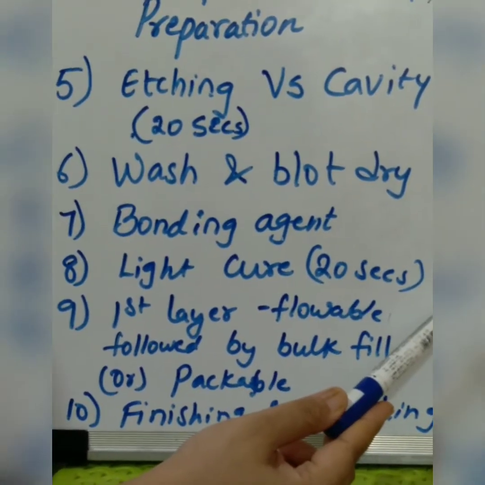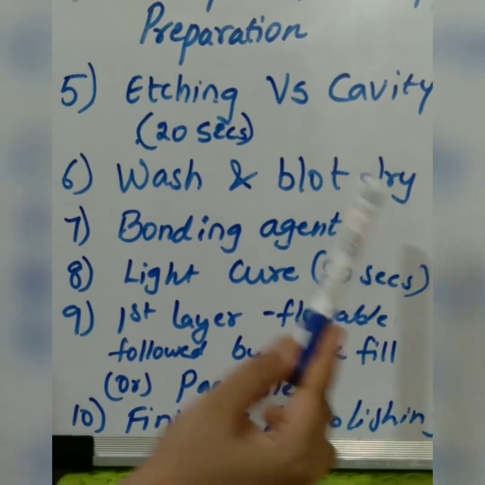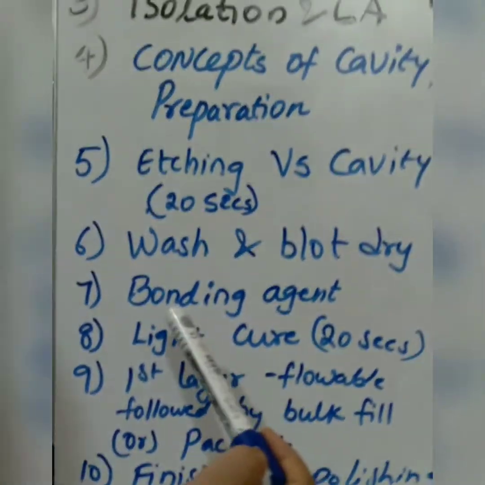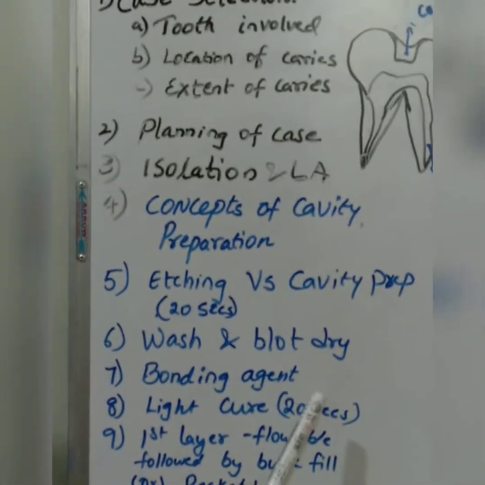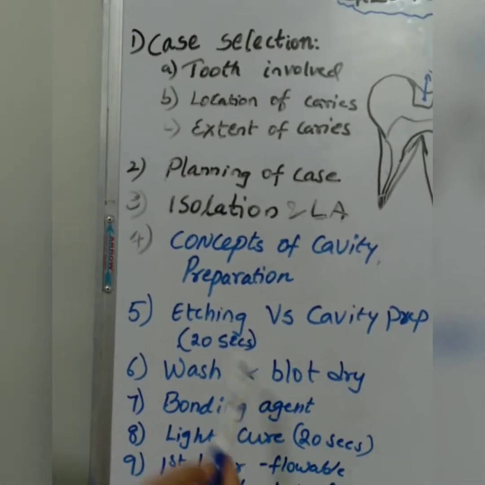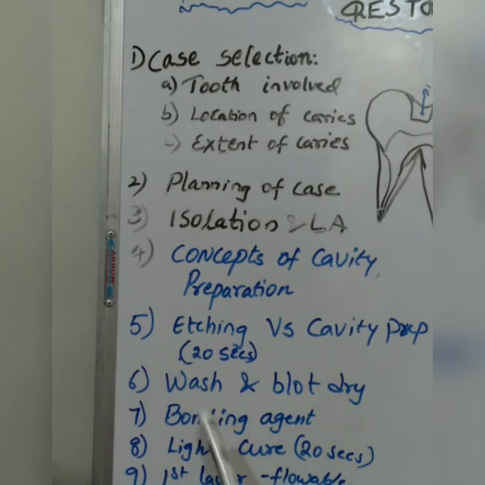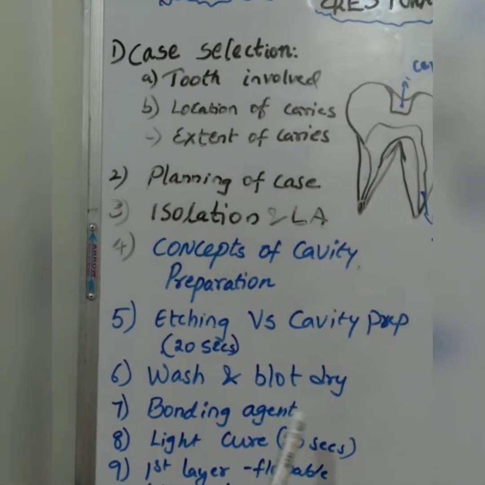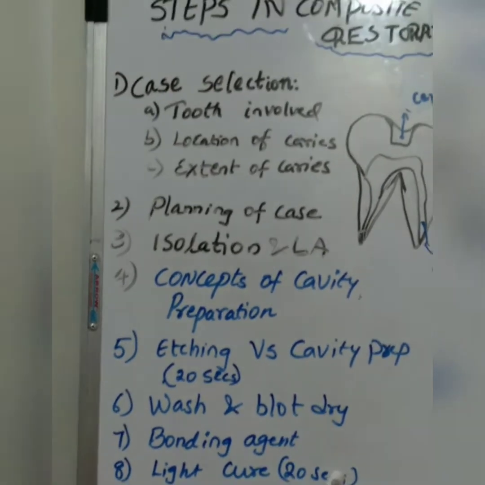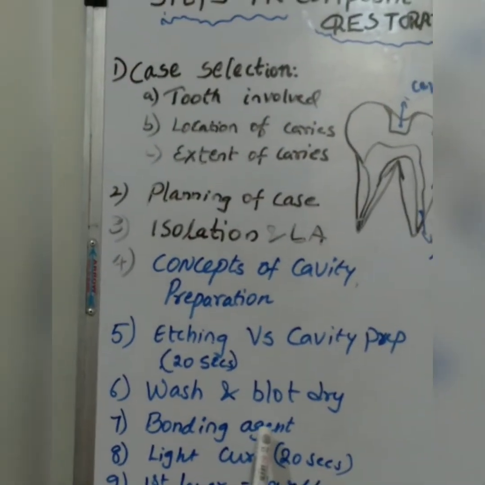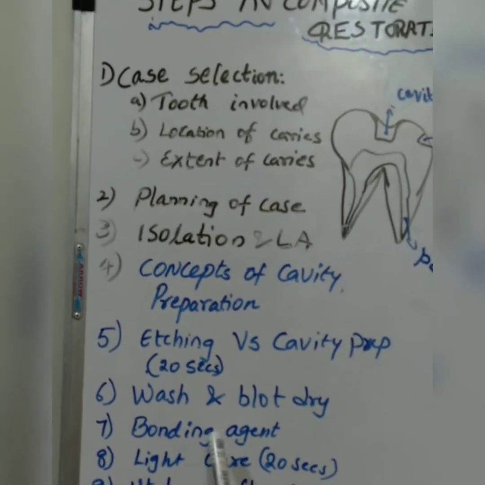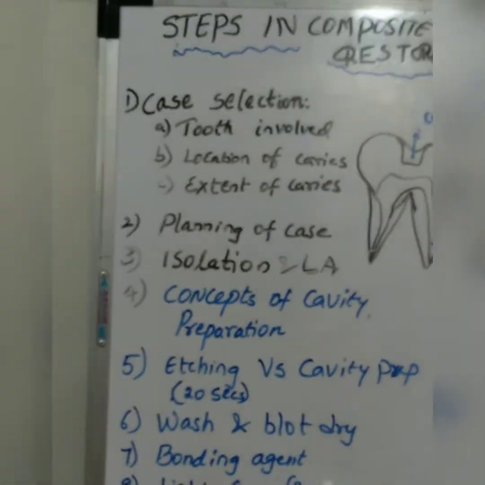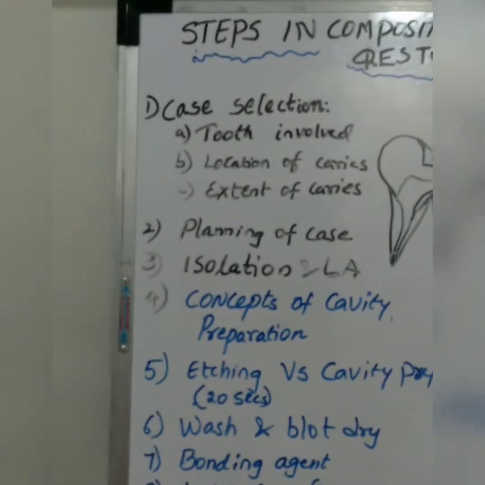If you are planning to use the seventh generation, you can skip this step. But in seventh generation, to add more retentive points, you can do selective etching. Now we have to apply the bonding agent, fifth generation or seventh generation. Once you apply it with the applicator tip, you should agitate it so that it enters into the tubules. Then light cure for 20 seconds.